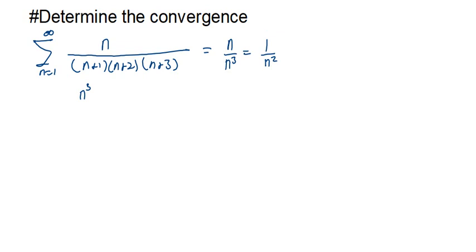So for your p series, if this value is greater than 1, then it converges. If it's less than 1 or equal to 1, then it diverges. Meaning if it's equal to 1, such as 1 over n, we call it a harmonic series. But I like seeing a harmonic series in terms of a p series. I'll just say, okay, a harmonic series is nothing but a p series that has a degree of 1. All right, and that diverges and this converges.